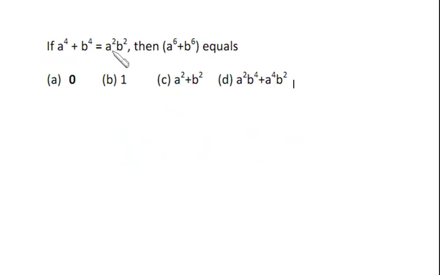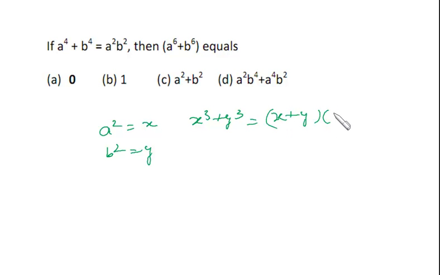Now a^4 plus b^4 is this, then a raised to 6 plus b raised to 6 is equal to what? I assume a square is equal to x and b square is equal to y. So I'll be getting x cube plus y cube, right? And that is actually (x plus y)(x square plus y square minus xy).